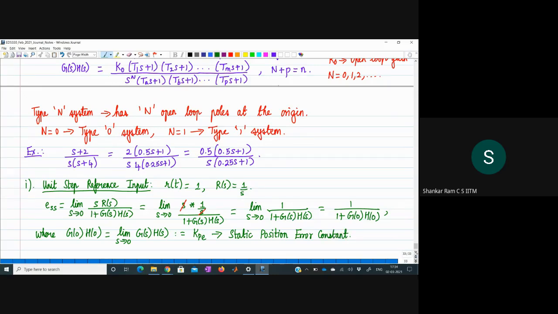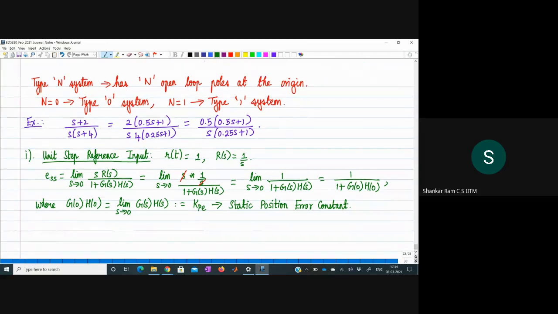So essentially we have the steady state error equal to 1 divided by 1 plus Kp.